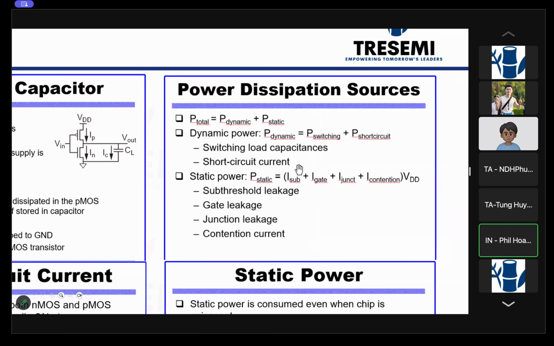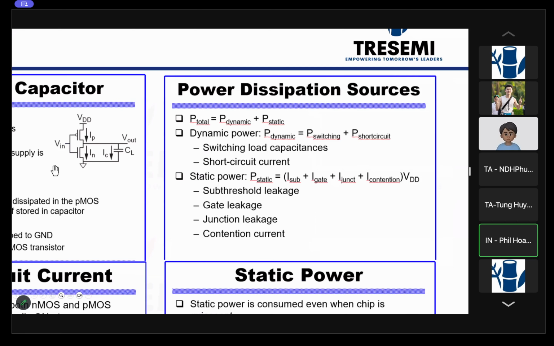I hope I have pictures. But the switching is when you have this operation, when Vin goes from 1 to 0, you're charging this capacitor, and V out goes from 0 to 1. You're switching. So that's a switching current.